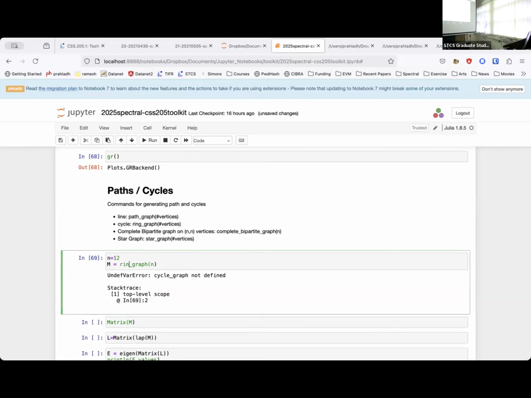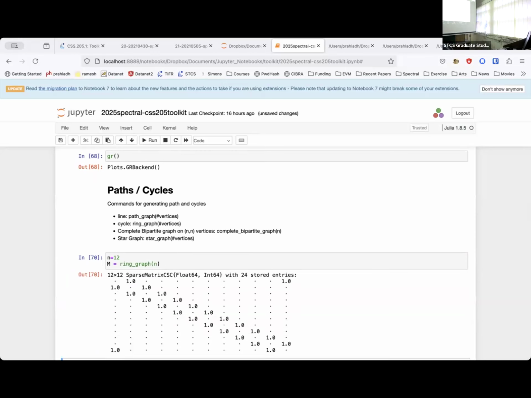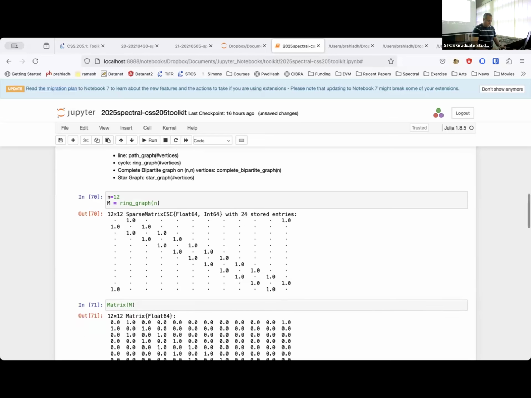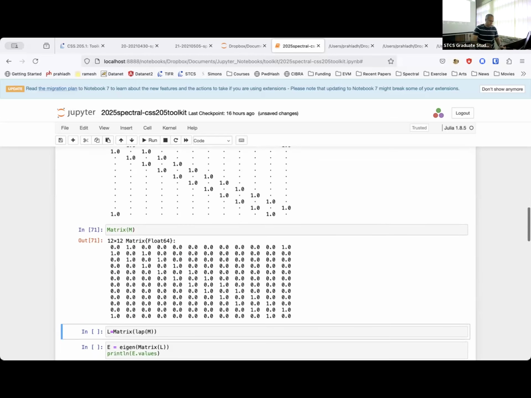That's the adjacency matrix of a ring graph. You can see that everything will have degree 2, and it's a symmetric thing. It's the same matrix, just written in non-sparse form.